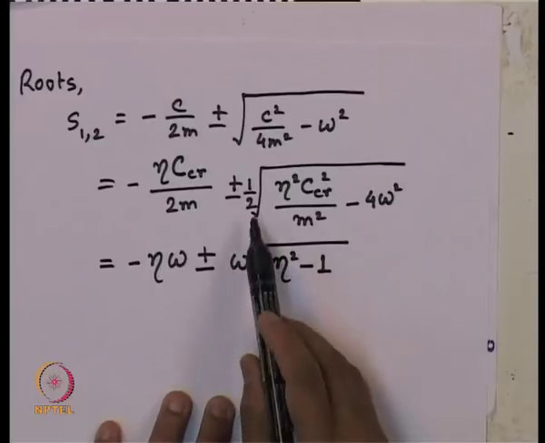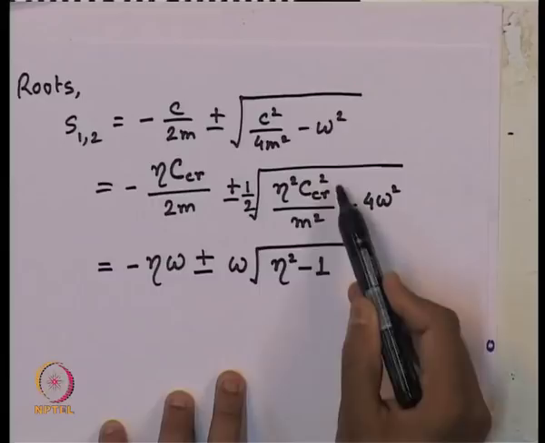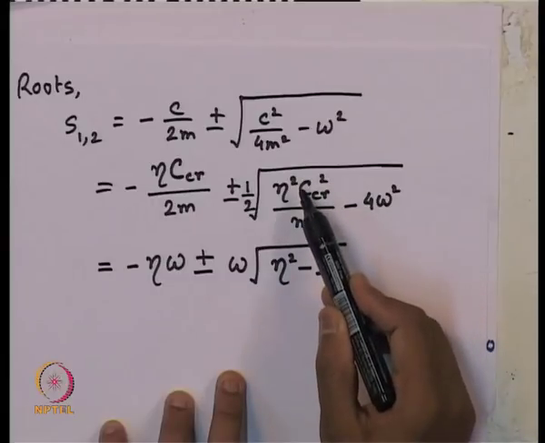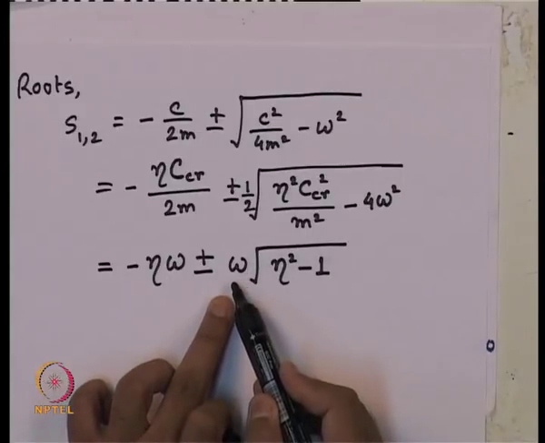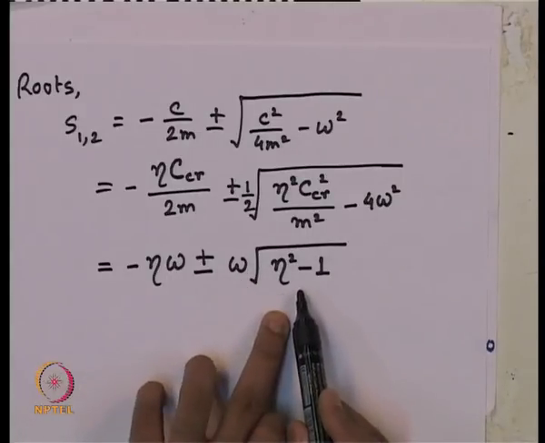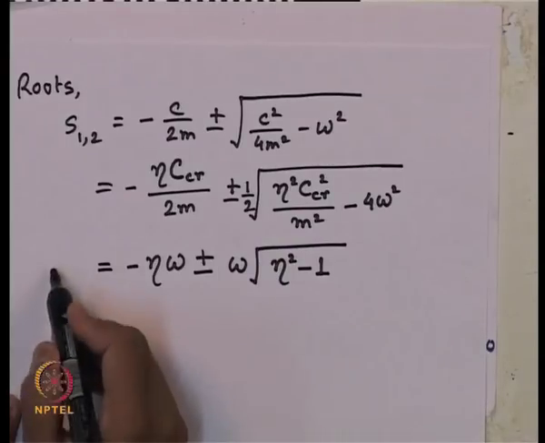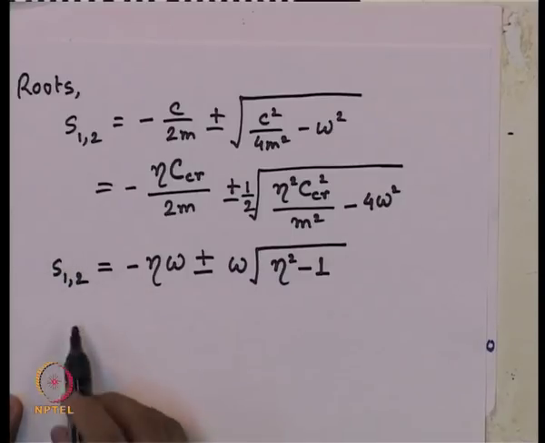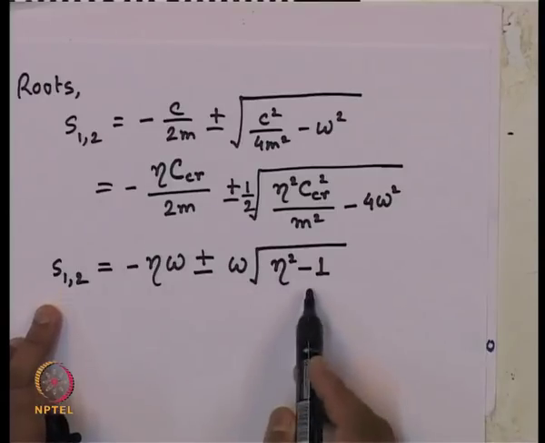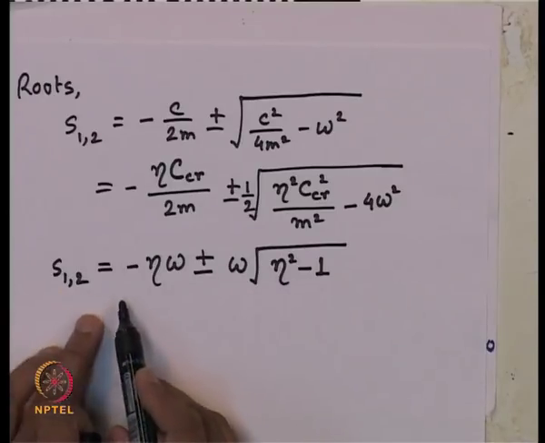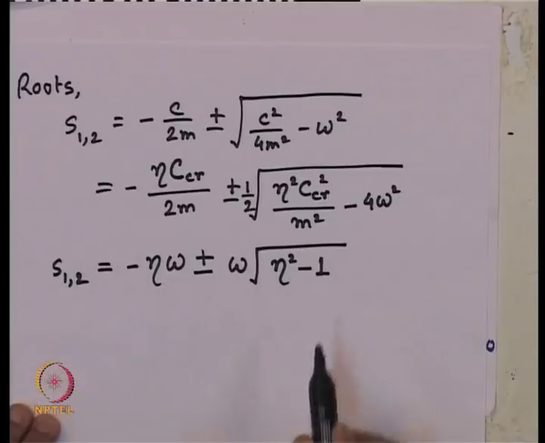Here also, if we take this 2 inside, this term will give us omega square, and 4 was not there. So, omega square if we take out, it will come as omega, so eta square minus 1, fine. So, this is the solution for the 2 roots. One root is minus eta omega plus omega root over eta square minus 1, and the second root is minus eta omega minus omega times root over eta square minus 1.